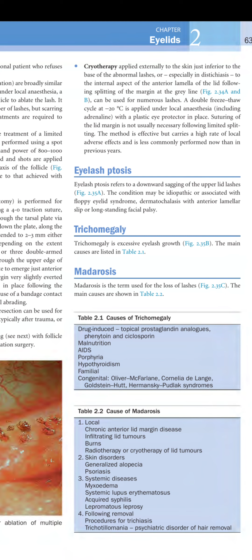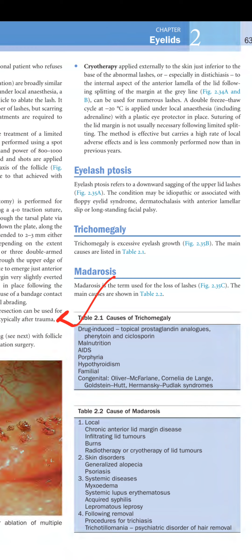So just remember with the trichomegaly that there are certain medications that cause the trichomegaly. And one of the very important drugs in ophthalmology is the prostaglandins that are used in glaucoma. And other causes you have to remember, but the main cause for trichomegaly is basically drug induced.